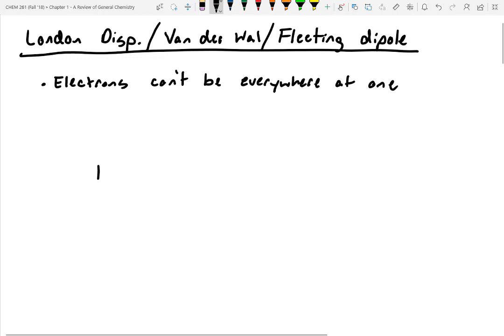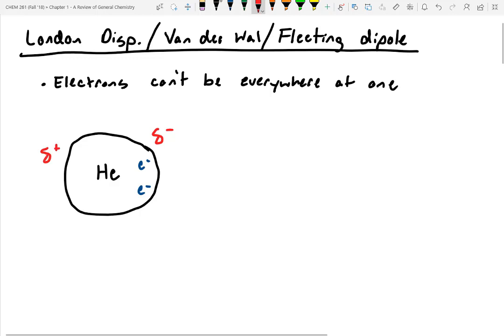So imagine you've got a helium atom. Helium has 2 electrons. It's got this s orbital kind of floating around it. There's a probability that both electrons could be on the same side. That means this side of the molecule is really electron rich, so we can use delta negative. And then this side doesn't have much electron density, so it's going to get that delta positive.